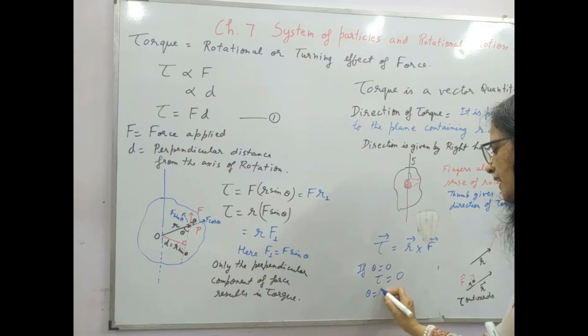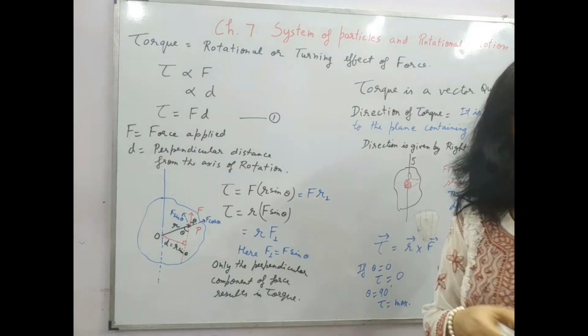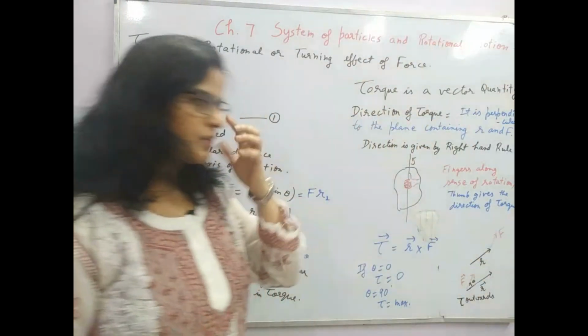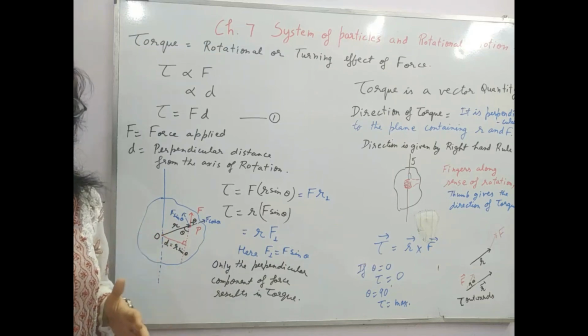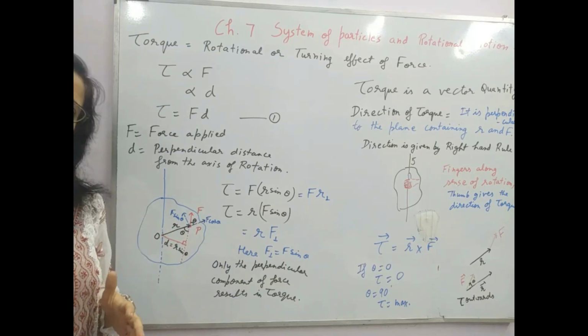If theta is 90 degrees, then torque is maximum. That's why the handles are provided at a distance very far off from the hinges. There must be some distance, the maximum distance between the handles and the hinges, in order to have maximum torque. So that's all about the basic concept of torque in this video. Thank you and have a nice day.